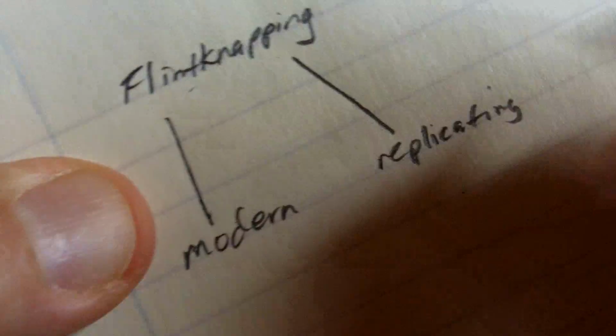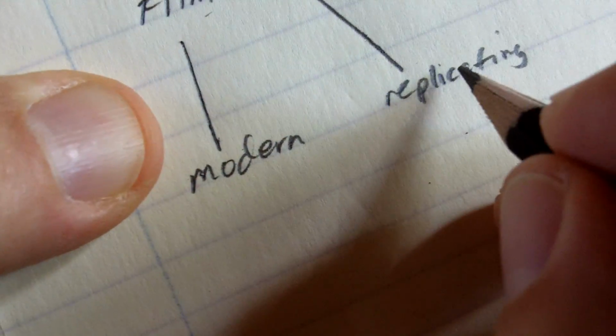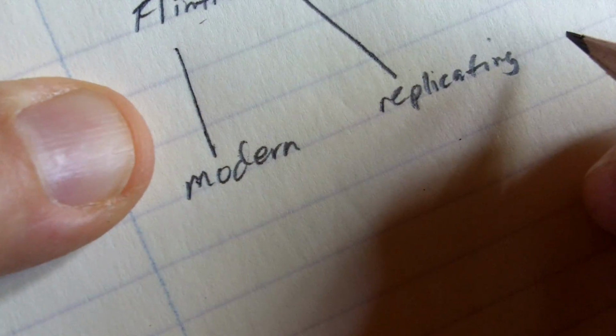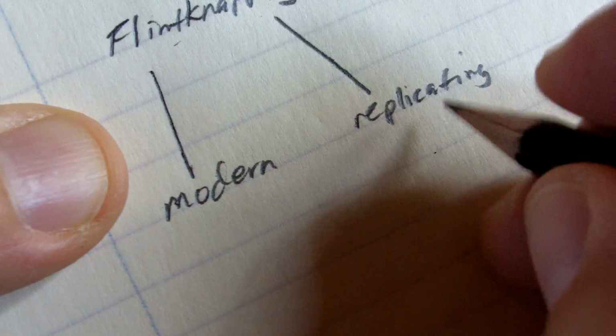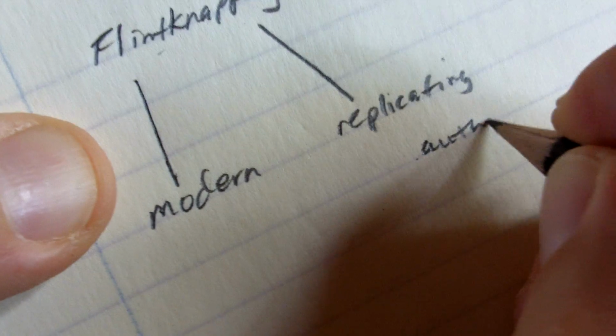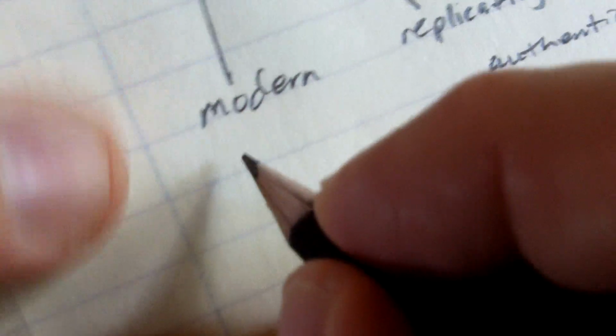Okay, I've made mistakes in writing here. Sorry. So there's basically two camps of Flintknapping, and this one here seeks to use authentic tools, etc. And this one here will just use anything.